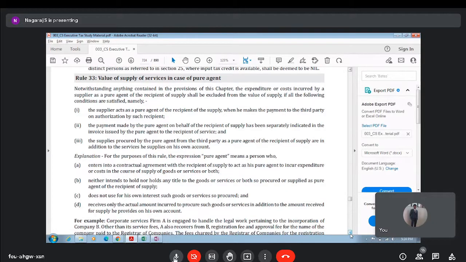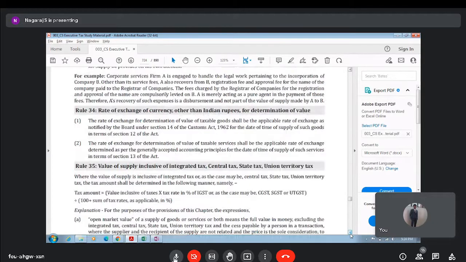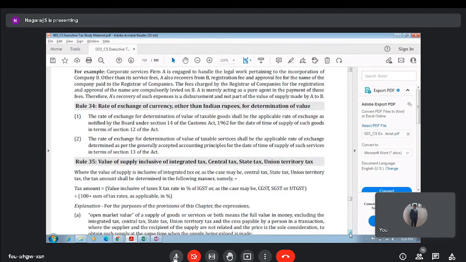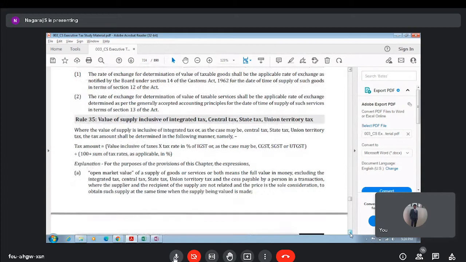Okay. We have seen time of supply and value of supply. What is meant by inclusive method? Normally the value should be exclusive of GST. If it is inclusive, that means the GST has been added to the value.